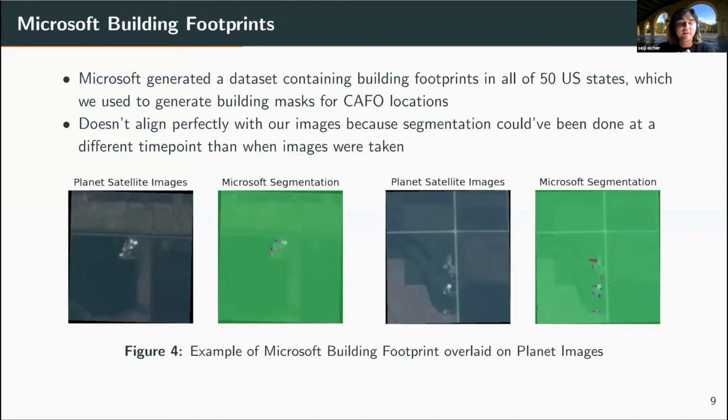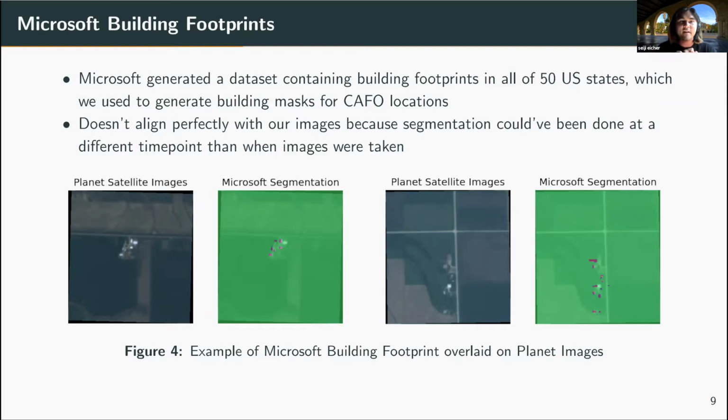And Microsoft Building Footprints, Microsoft basically segmented imagery of the entire United States at one point using their own neural net. But they only gave out the segmentations, like the polygons that they found in their imagery, but not the imagery.